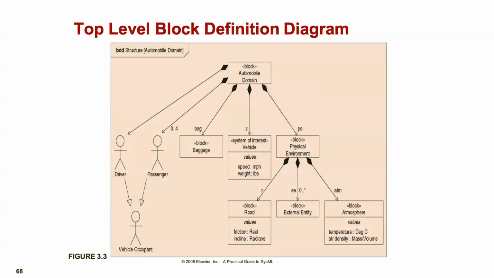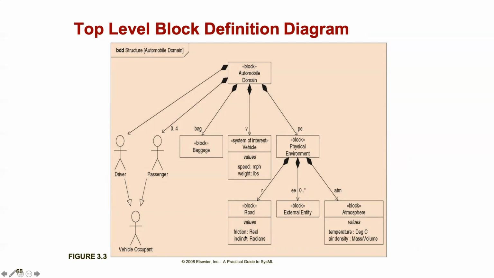And so here we have a structure for an automobile domain. We're starting to map this out, that we have the overall automobile domain. And so we have a specific vehicle, we have the environment, and we have the baggage as well as the passengers.